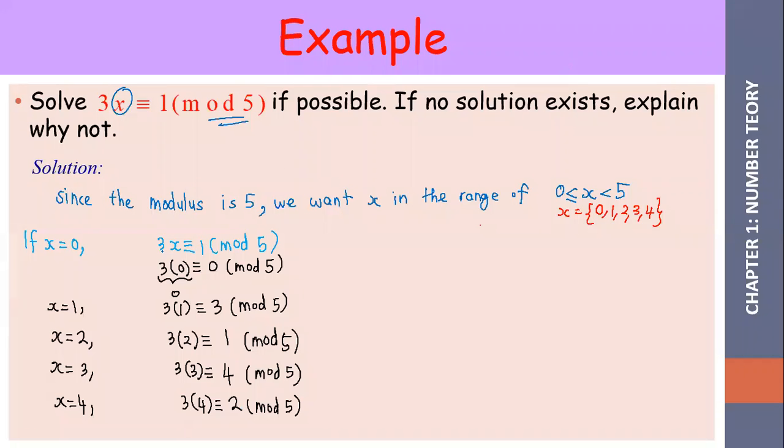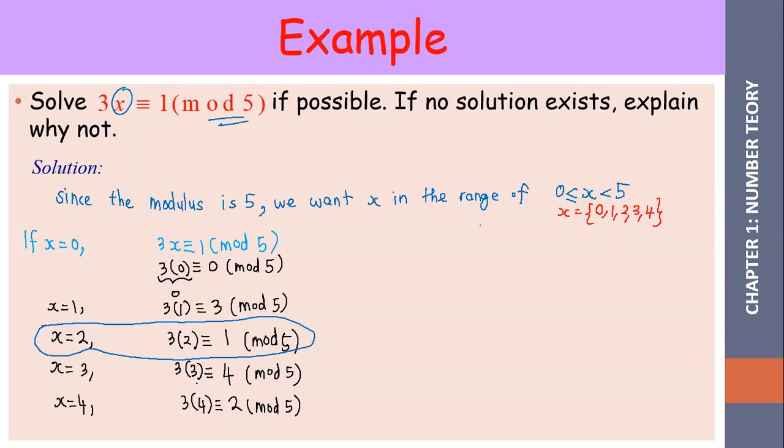Okay, so can you see where the answer is? We want 3x congruent to 1 mod 5. Where is the answer? When x is equal to 2, then 6 is congruent to 1 mod 5.